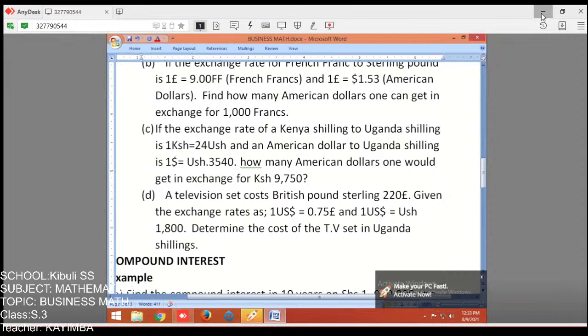Alex, your answer for part C is correct. Sebagala, your answer is correct. Here we are trying to do a recap of what we studied in senior 1 and senior 2, but we are going to stress more the business mathematics, and we see how best we can go about this business mathematics.